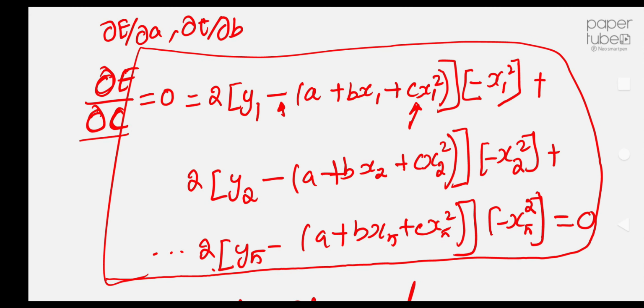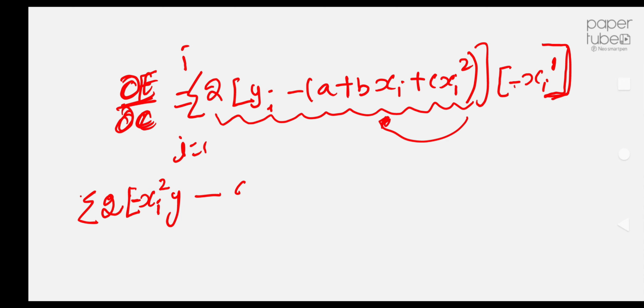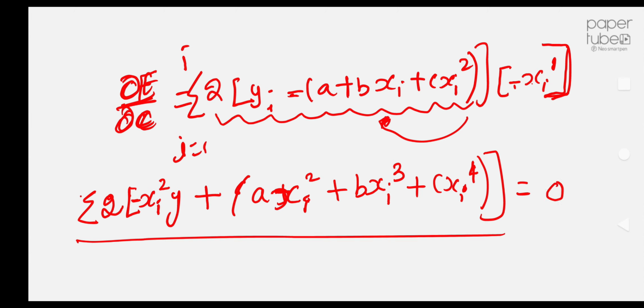What you will get is the summation of minus x_i squared y_i, and since you have a minus sign here, that makes it plus a x_i squared plus b x_i cubed plus c x_i raised to the power 4. This whole term is equal to 0.